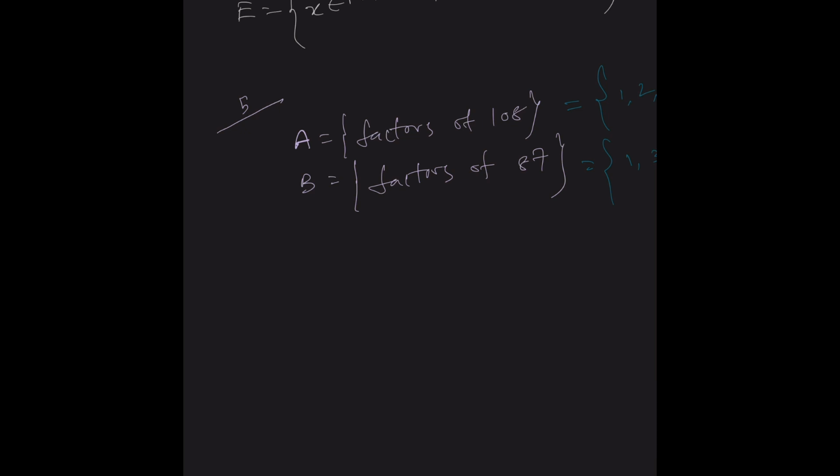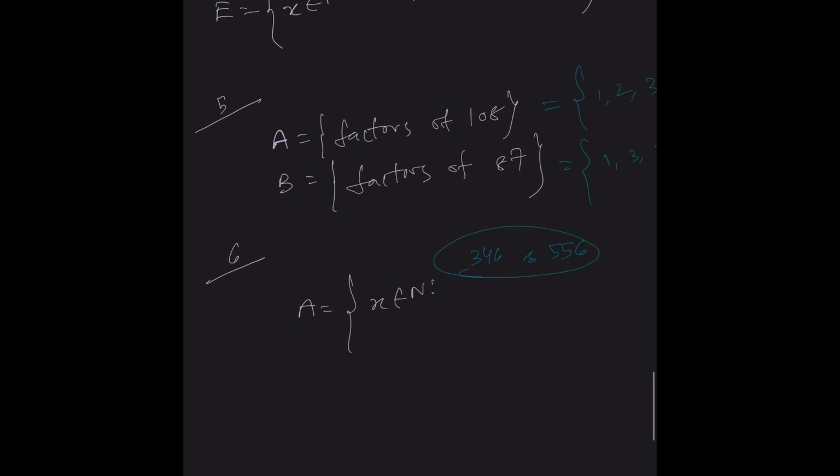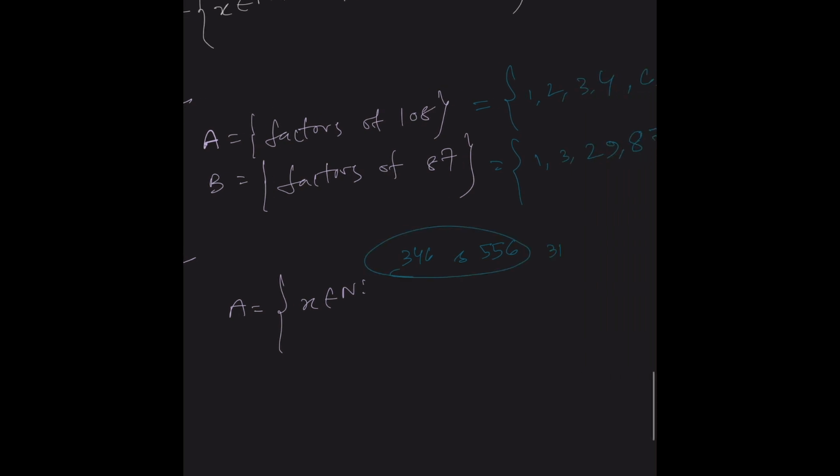So first, let's start to simplify things. So we are asked to write down a set, say A, which consists of all natural numbers, but it consists of only those numbers that, when used to divide 346 and 556, a remainder of 31 is left.